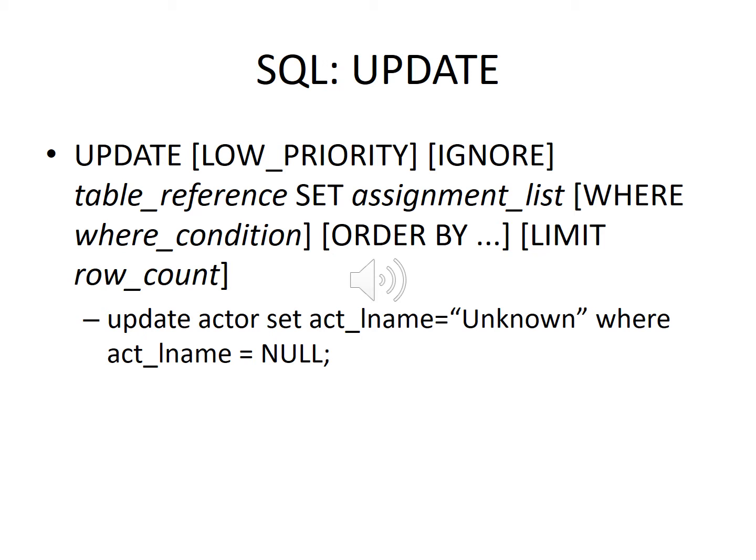Let's say that's what we want to have on the report. If an actor has no name, we don't want it to be just an empty space; we want it to say unknown. Where, keyword where, actor's last name equals null. So we specify the condition to change all null values in that column, actor's last name, to unknown.